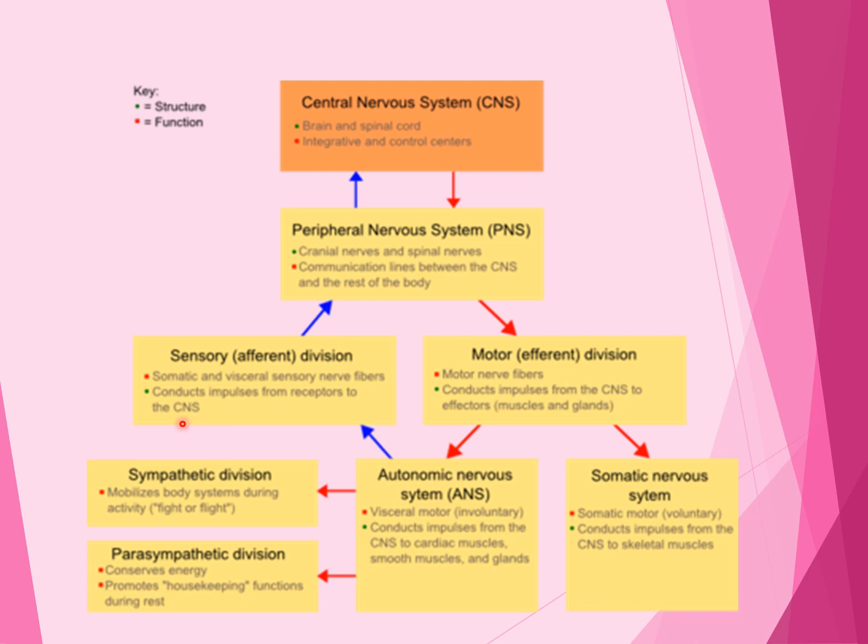So the sensory division conducts the impulses from receptors to central nervous system, and the peripheral nervous system is the communication line between the central nervous system and the rest of the body.